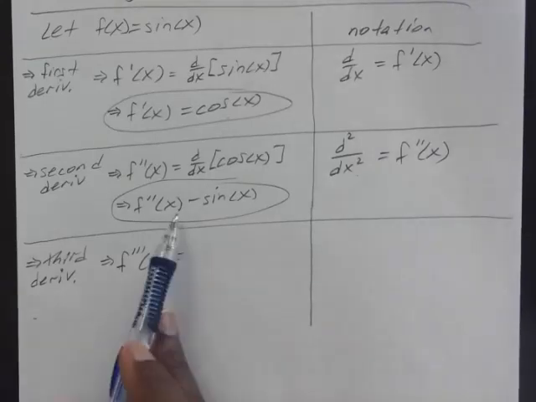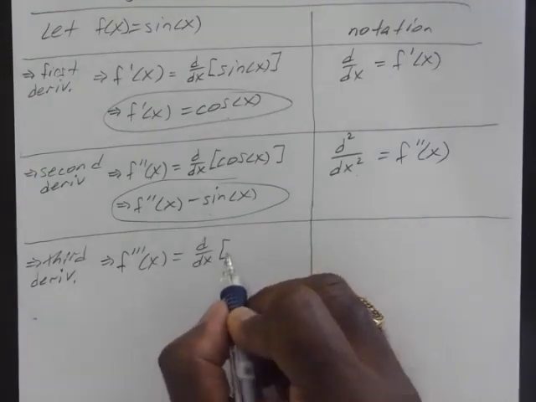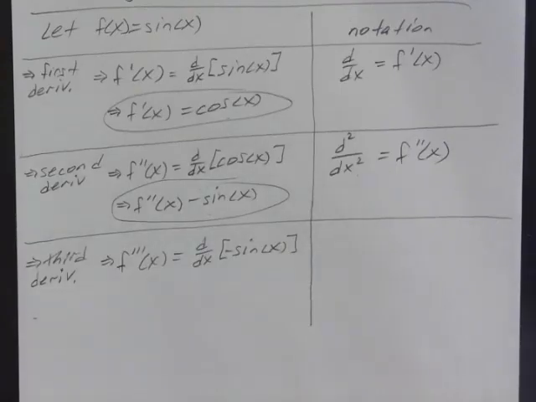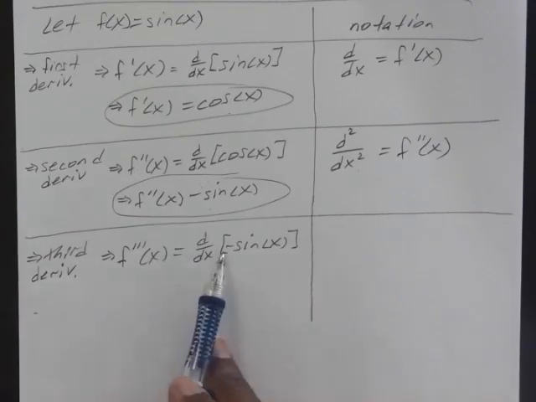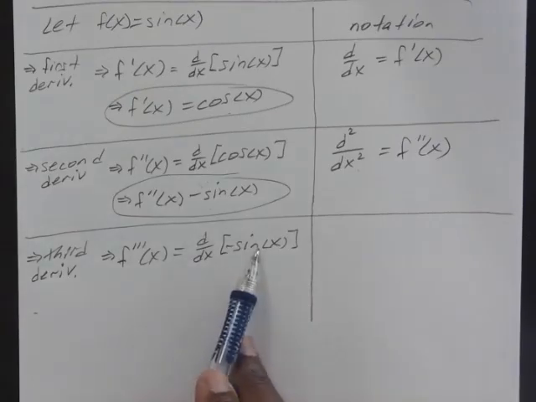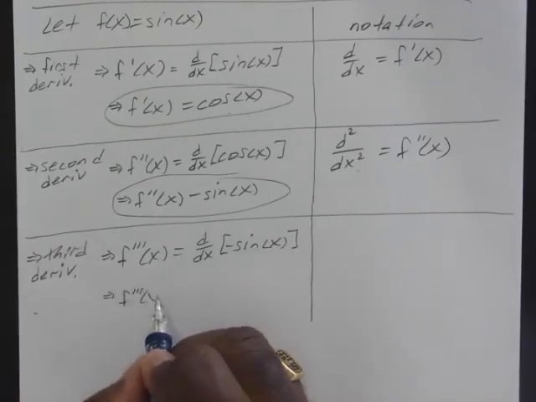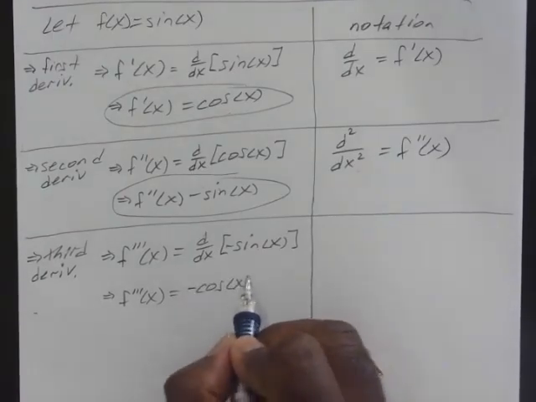And that's just the derivative of the second derivative. So that's just the derivative of negative sine of x. Okay. So remember, that's just negative 1 times the derivative of sine, which is cosine. So our third derivative is equal to negative cosine of x.